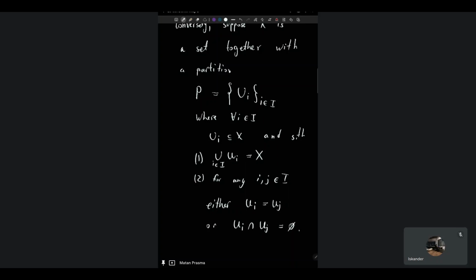And if I have such a structure on X, I can define an equivalence relation.